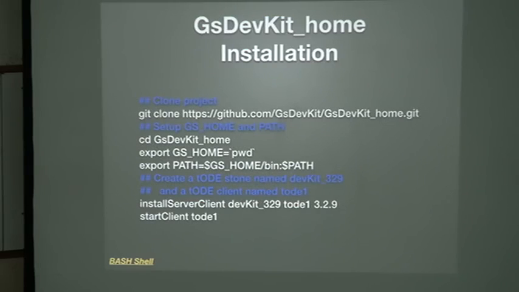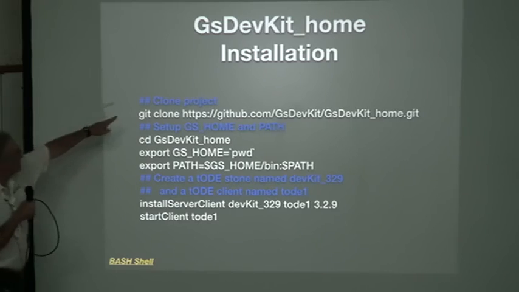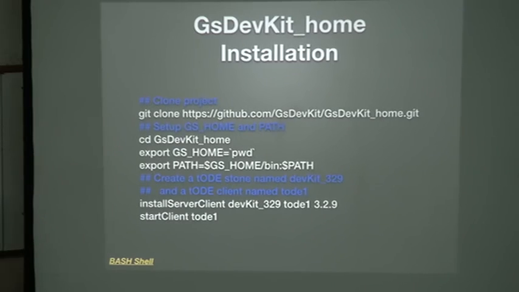If you've ever tried to use GemStone, you may have had an interesting time of it. So finally, you can install GemStone in 5 steps, and 3 of those are defining an environment variable in your path. So you start by cloning the GS DevKit Home repository up on GitHub. Then you set up your environment.